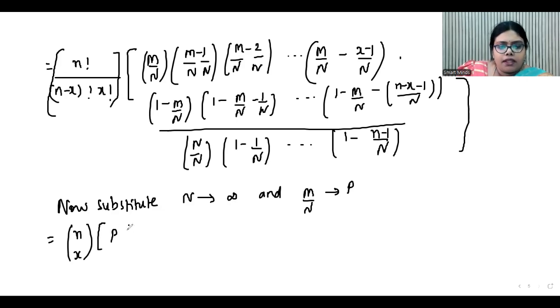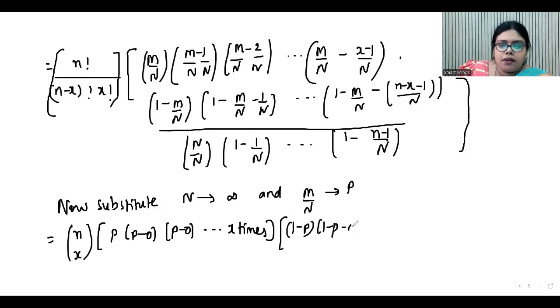Then p into (p minus 0) into (p minus 0), like that you will get x times in the first bracket. And in the second bracket, (1 minus p) into (1 minus p minus 0). See, if N tends to infinity, 1 by N tends to 0. That's why wherever we have 1 by N, we are writing 0. Understood? So on up to (n minus x) times, by 1 minus 0 into 1 minus 0.